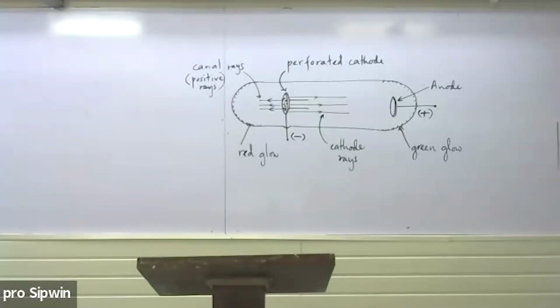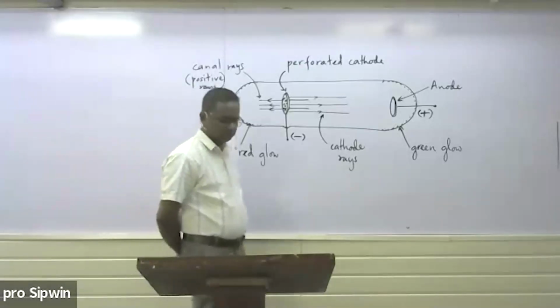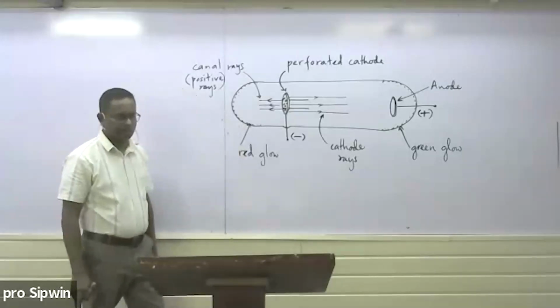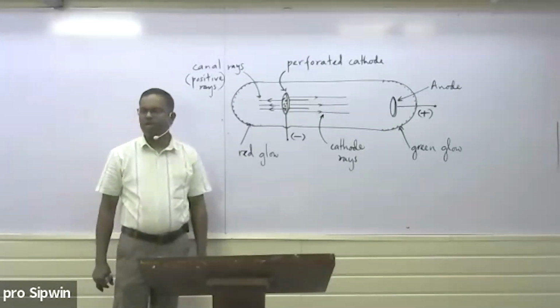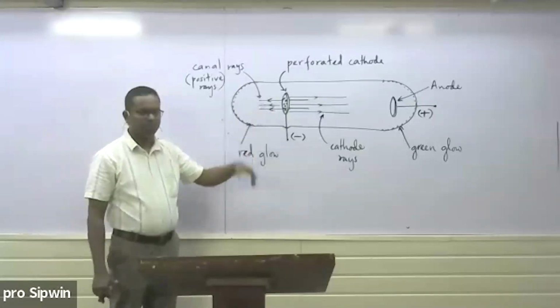Right. Earlier the cathode ray tube was like that, and now this one, we can say, is the positive ray tube.